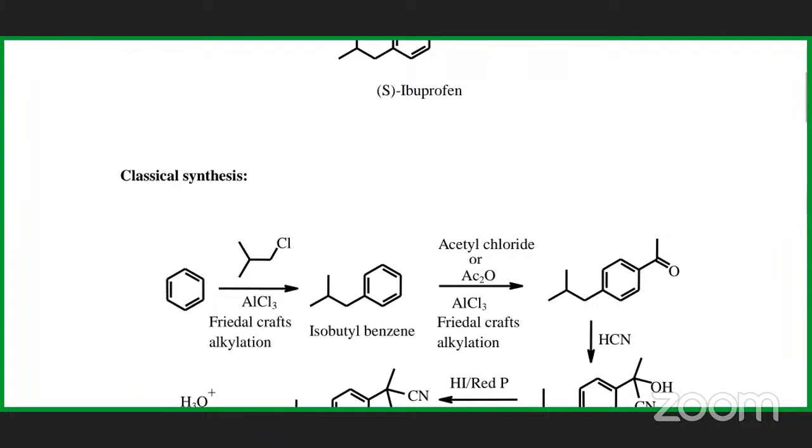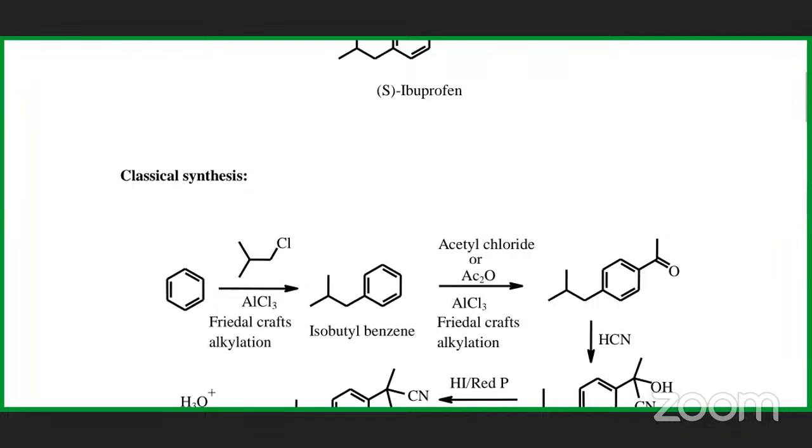For example, if they ask to write the chiral pool synthesis and you write the classical synthesis instead, you will lose the marks, or vice versa. If they ask for the classical method and you write the chiral pool synthesis, you won't get the marks.